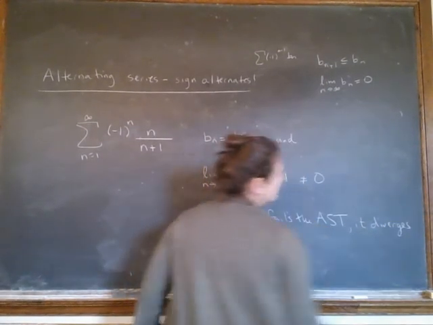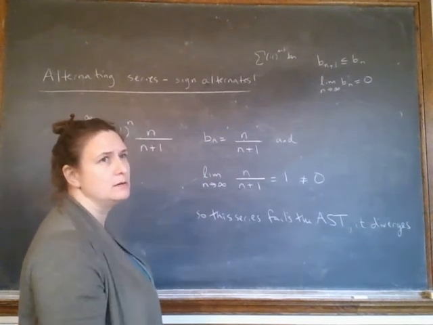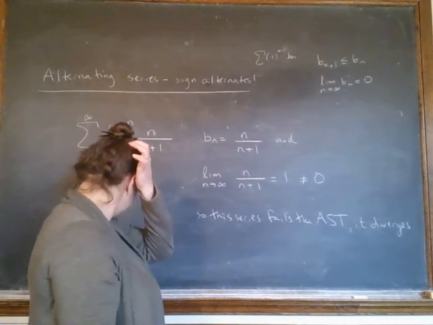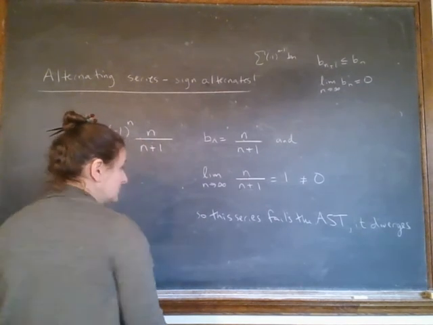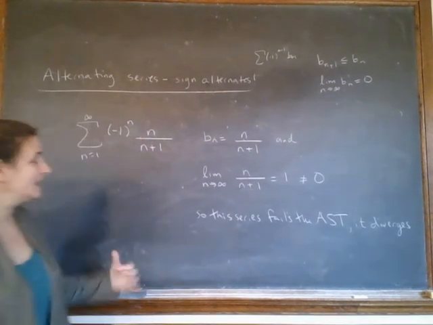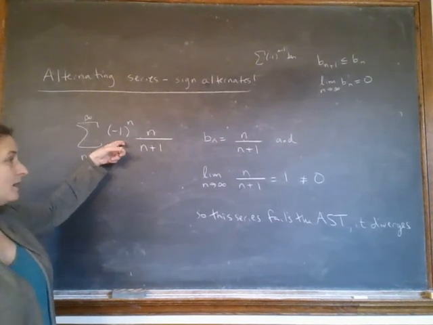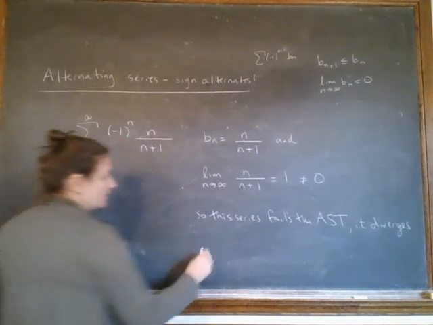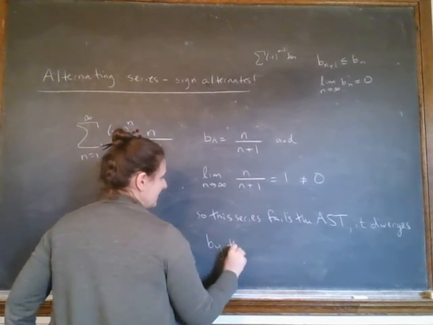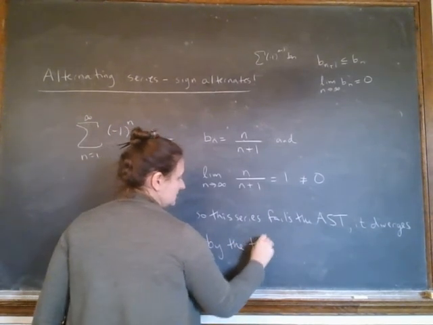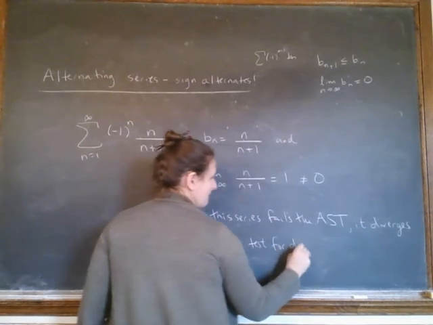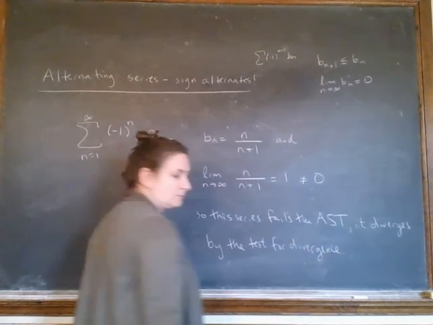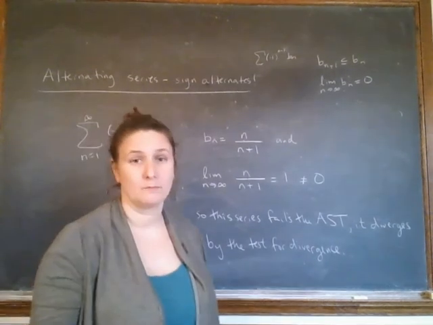It diverges by the test for divergence, right? Because even with my (-1)^n there, that limit does not exist. So it diverges by the test for divergence. So that's that.